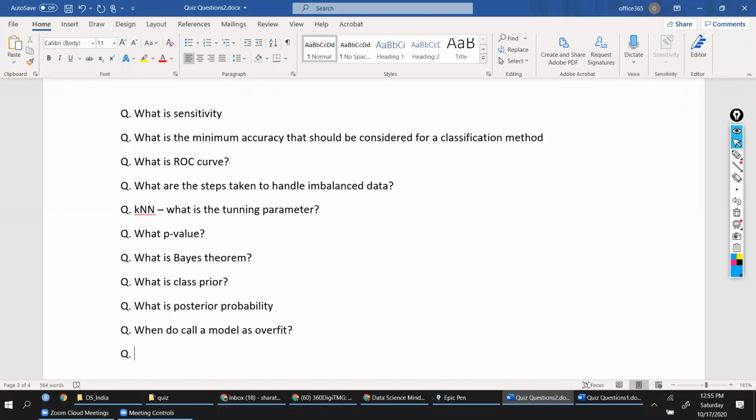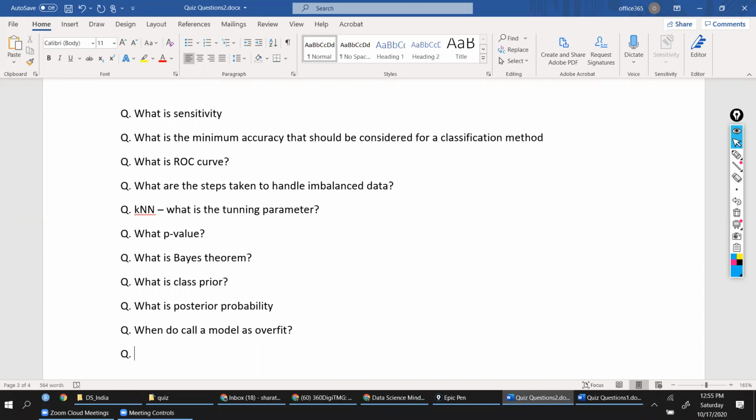Then what does R squared mean for regression? What metric does R squared actually explain? Goodness of fit.